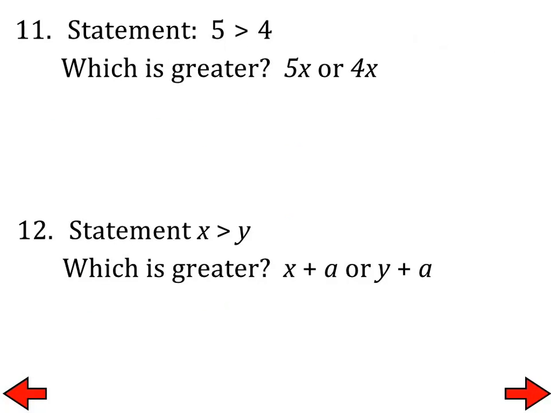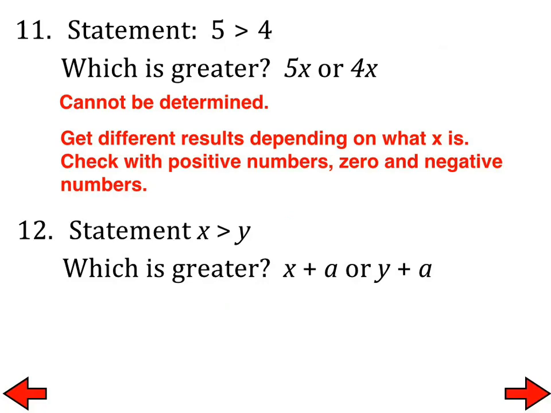Number 11. The statement is 5 is greater than 4. Which is greater, 5x or 4x? It cannot be determined because if x is positive, 5x will be larger, but if it is negative, then 4x. Perfect. You tried positive numbers, you tried negative numbers. One would give you 5x being larger, the other one would give you 4x being larger. Now we're starting to get the idea of what's happening here.